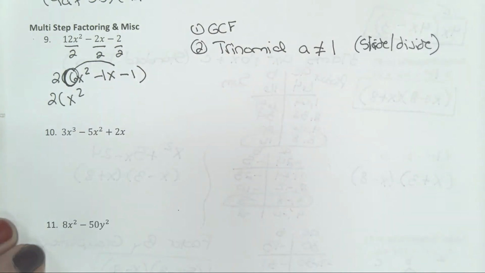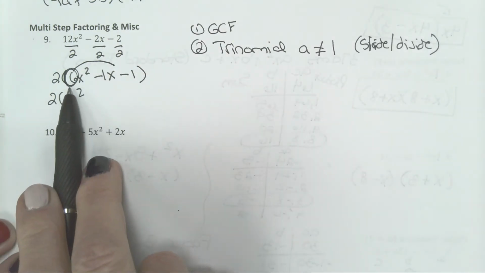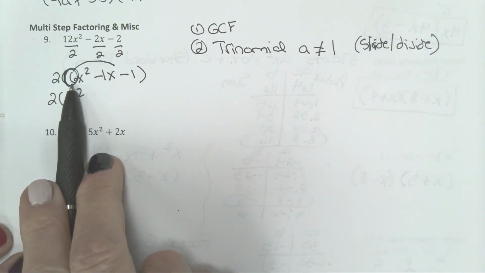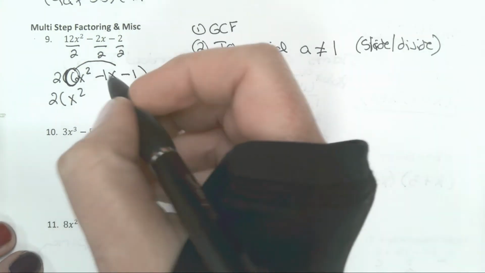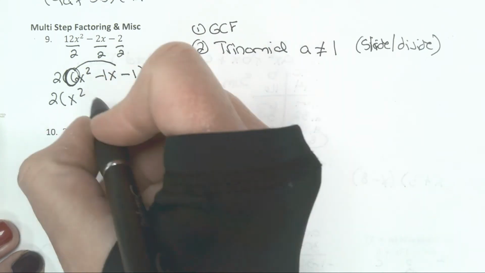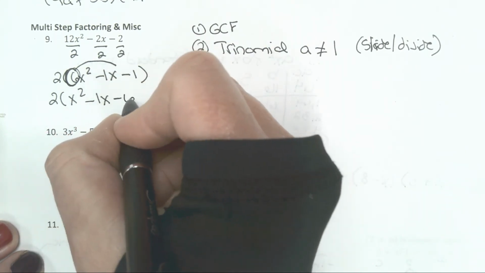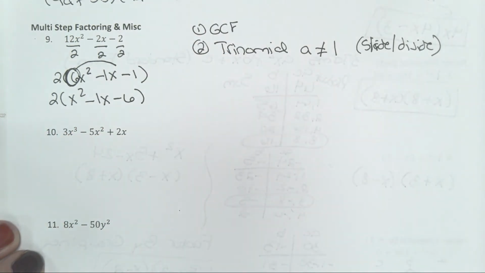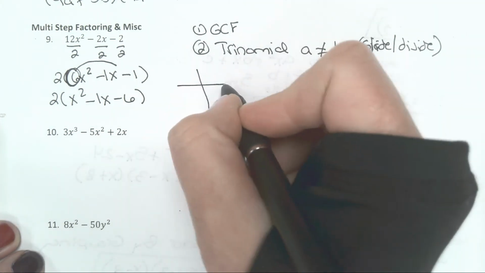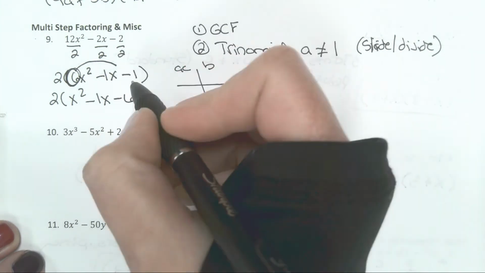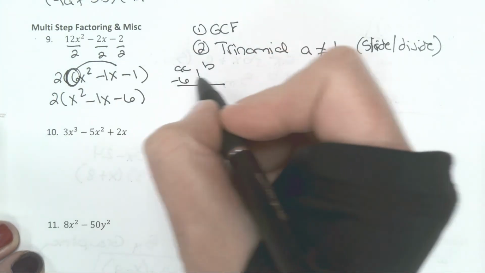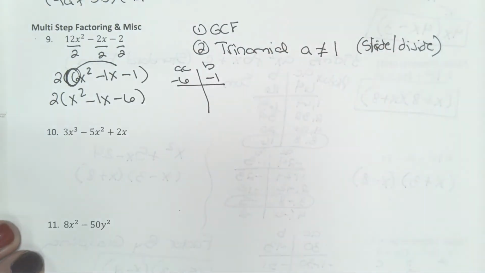I'm going to circle that 6 a couple of times to remind myself to divide by 6 at the end before I finish up. So I'm going to rewrite this as x squared minus 1x minus 6. When I make my ACB chart, I need factors of -6 that add up to -1.